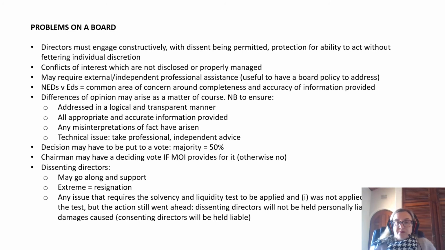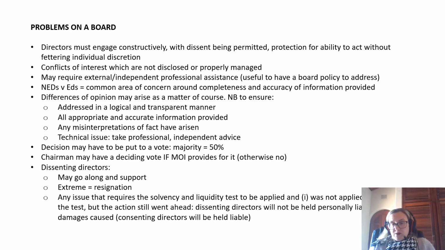Where differences of opinion arise, it is important to ensure that those differences of opinion are addressed in a logical and transparent manner. We need to set our emotions aside and our personal preferences and really think about these things logically, and then be transparent about the reasons why there might be a difference of opinion, such as a conflict of interest.